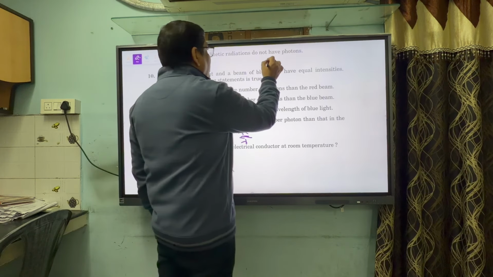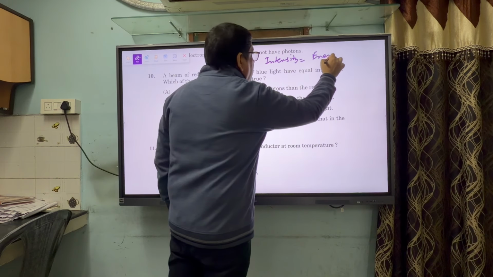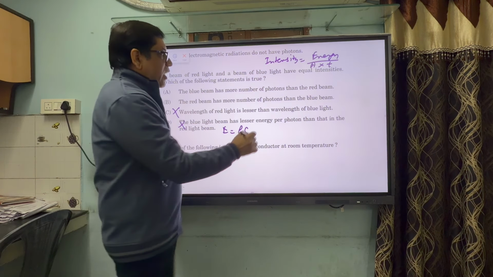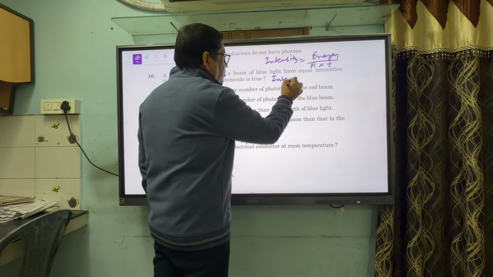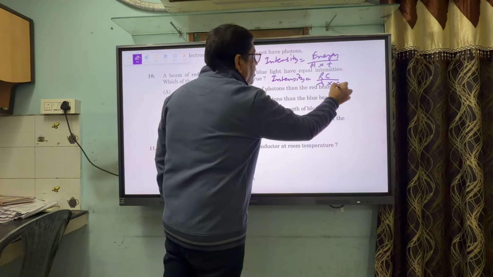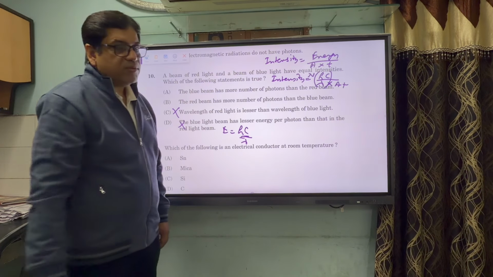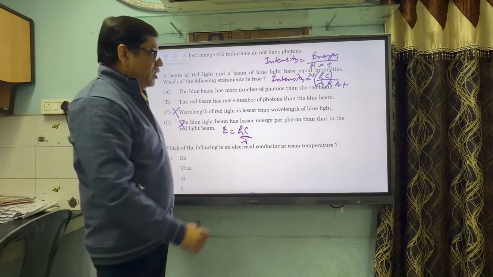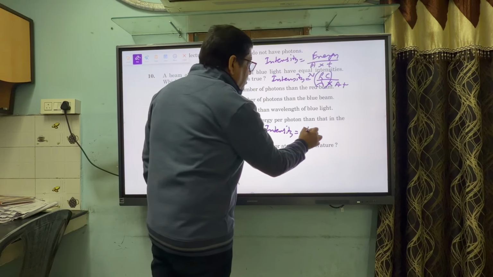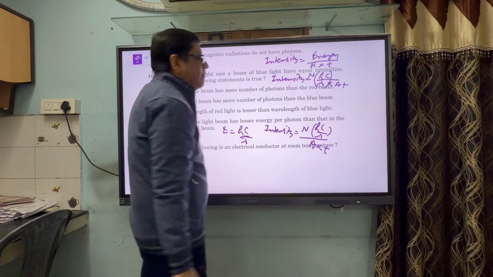So we go to the formula of intensity. Intensity क्या होती है? It is energy per unit area per unit time. And energy is obviously hc by lambda into n photons. So I write again, intensity is equal to n times hc by lambda upon area upon time.